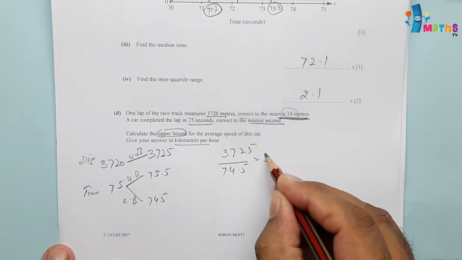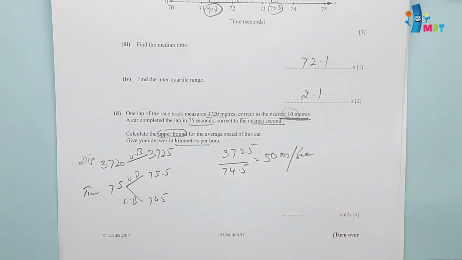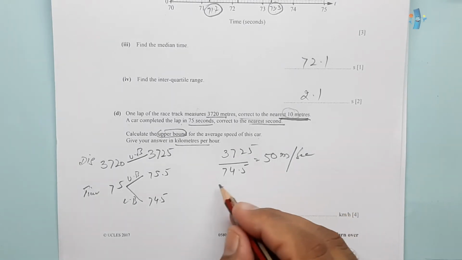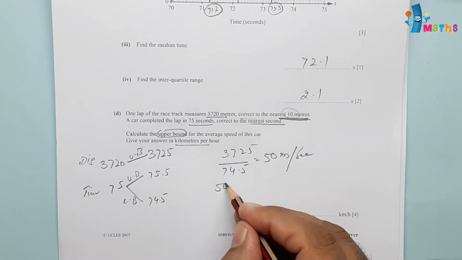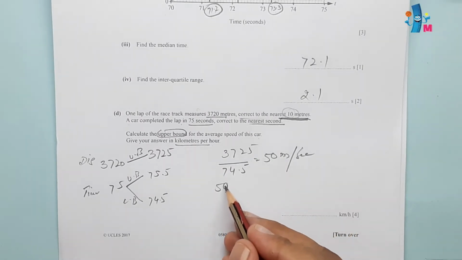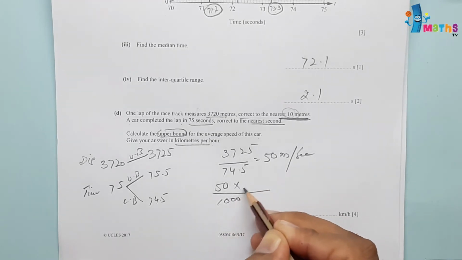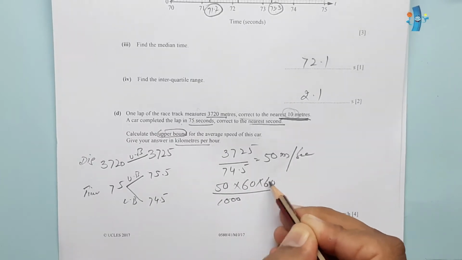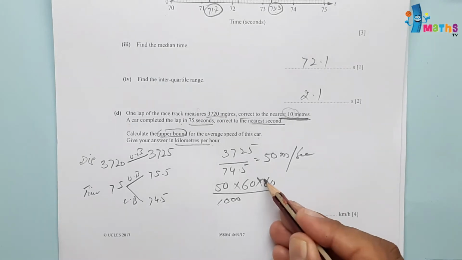So 50 is basically the speed in meters per second, but we need the answer in kilometers per hour, so we'll have to convert 50 into kilometers per hour. So 50 meters will be divided by 1000, and to convert seconds into hours we will be multiplying by 60 and 60.